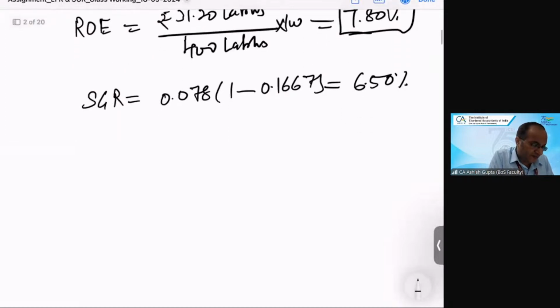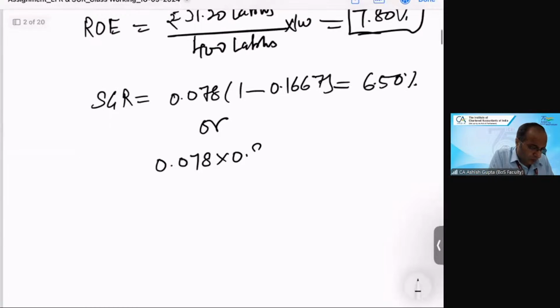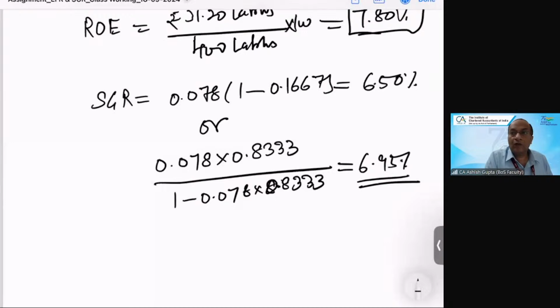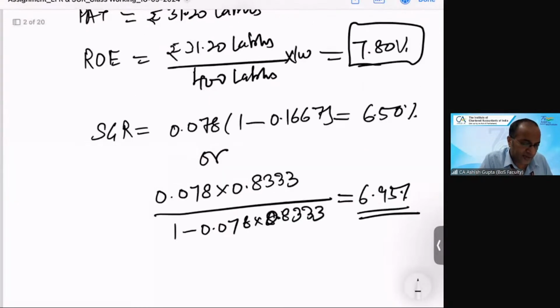Alternatively, there is another formula. Okay, students, so this was the first portion of your assignment.